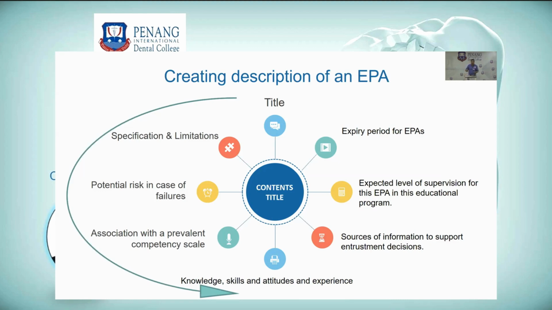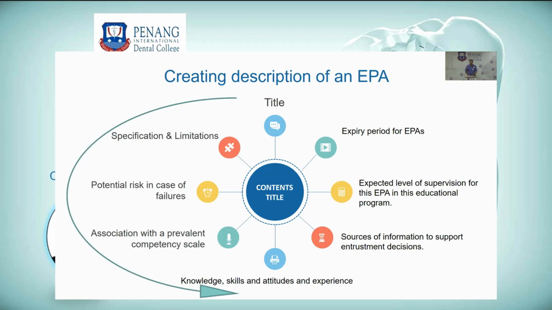So in our educational program, what is the level of supervision that is required? It depends upon the procedure. But for us, level 3 is the one. Level 3 is the baseline, must-have competencies. The suggested is must have 3.